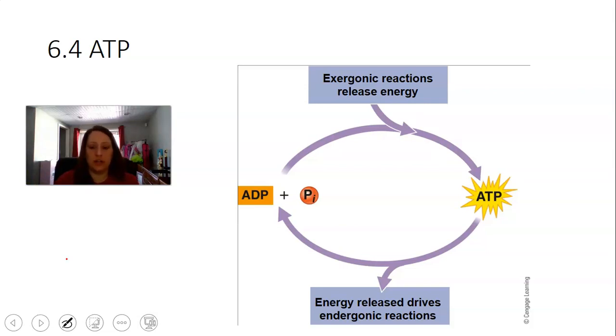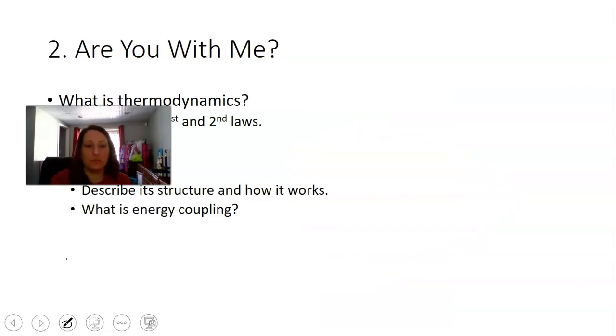This is the energy currency, the type of energy that all living things' cells can use. We cannot use energy from the sun directly. We cannot use energy stored in the bonds of food like glucose directly. Instead, that energy has to be transformed into ATP before it can be used to drive cellular work. So ATP is the middleman.